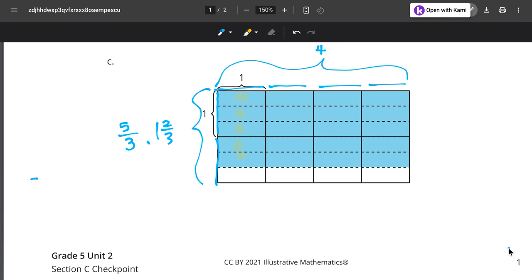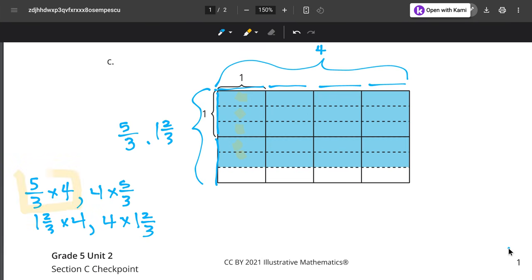I can say that I have 5/3 times 4, or I could say I have 4 times 5/3. Alternatively, if you thought about it as 1 2/3, you could say that you have 1 2/3 times 4, or you could say that you have 4 times 1 2/3. So these are the multiplication expressions that you could write.